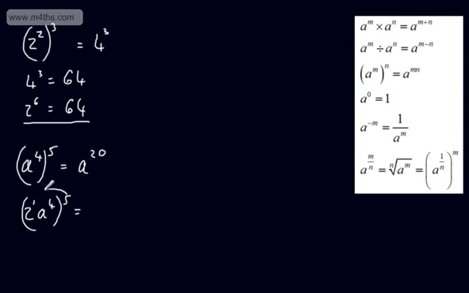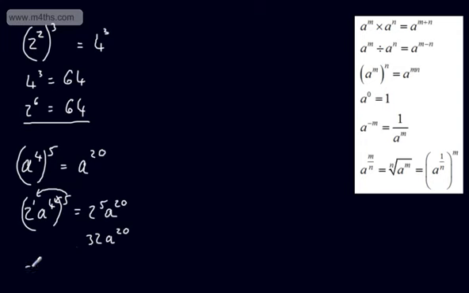All we're doing is multiplying the indices. So it'll be 5 times by 1 and 5 times by 4. So we're going to get 2 to the power of 5 multiplied by a to the power of 20. So 2 to the power of 5, that's going to give me now 32. So we get 32a to the power of 20.